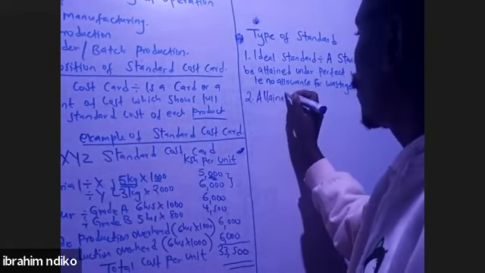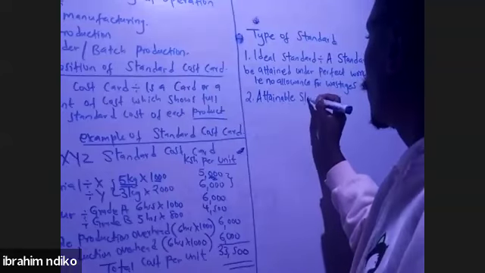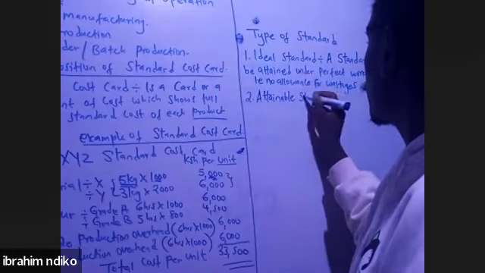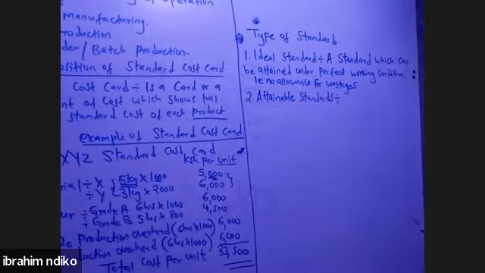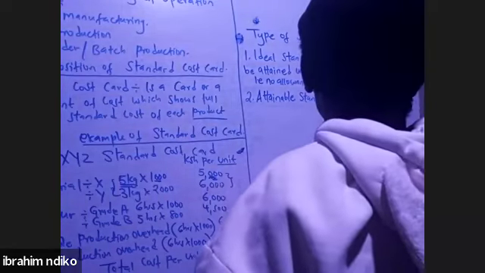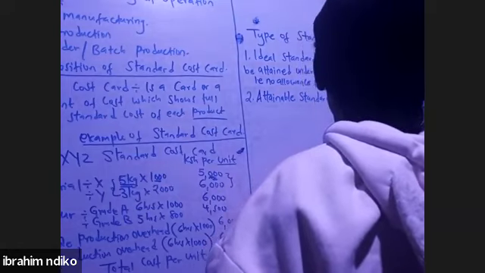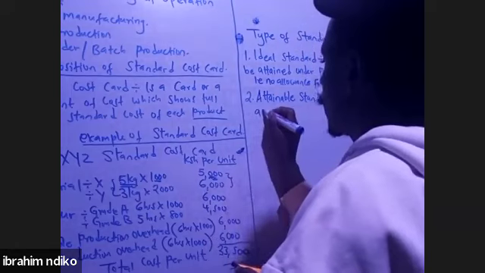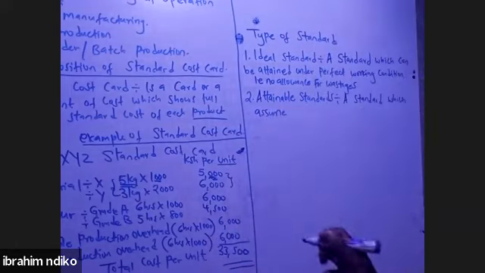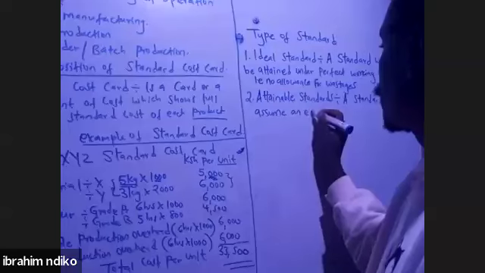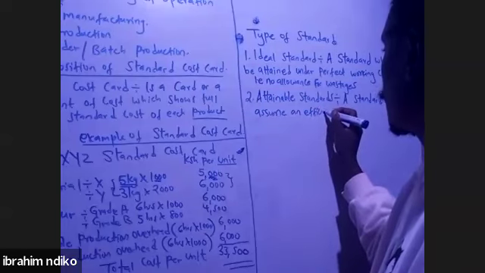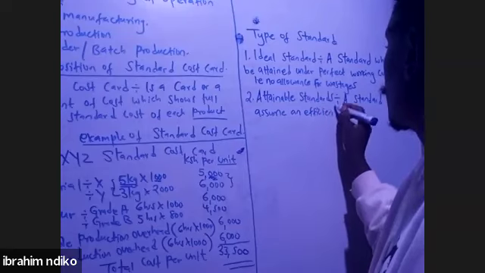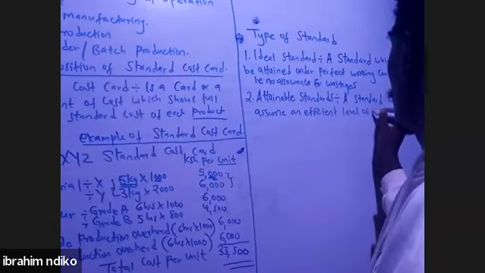Attainable standards. So, attainable standard, and we can say it is a standard which assumes an efficient level of operation.